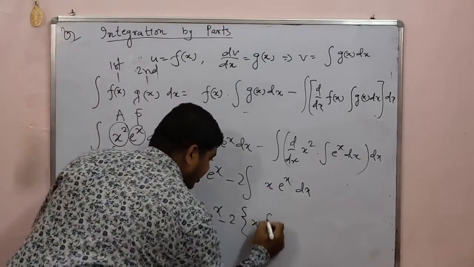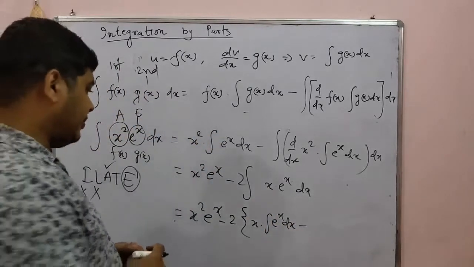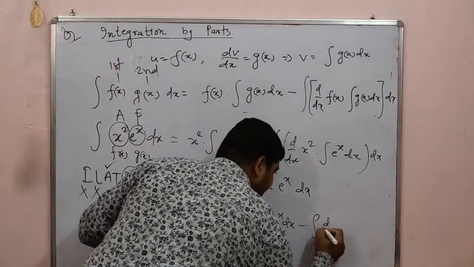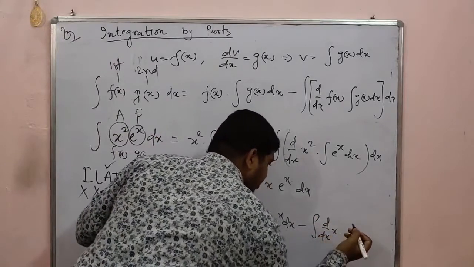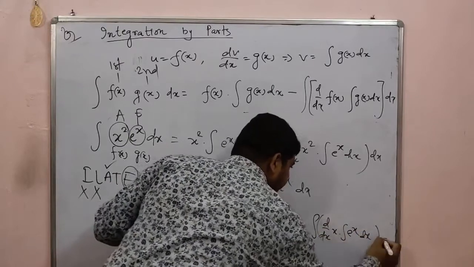So x into integration of e to the power x dx minus integration of derivative of x into integration of e to the power x dx, whole dx.